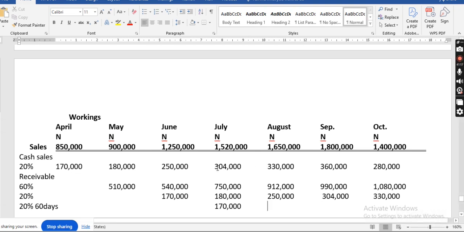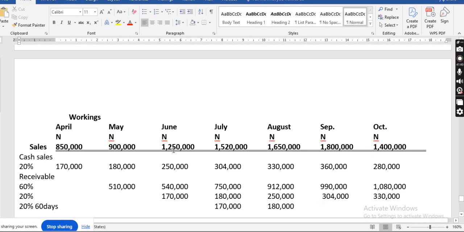Right. So what is the 20% of 900? 180. Okay. What is the 20% of 1,250,000? 250.